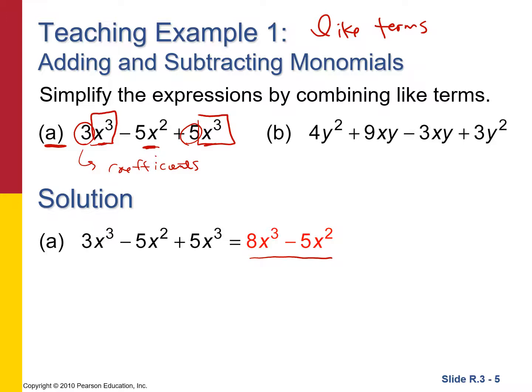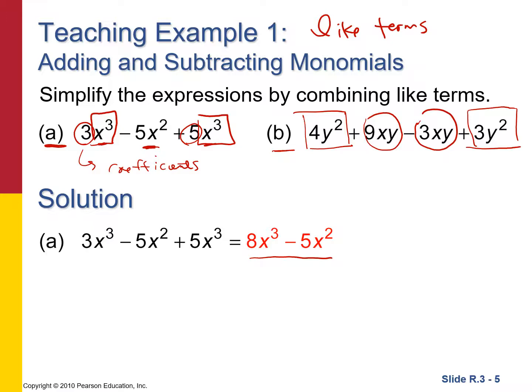So take a look at problem B here, and so we have 4y squared. I'm going to box the ones that are the same, and honestly, if you're having trouble with this particular type of problem, I recommend doing this because it's easier to see.